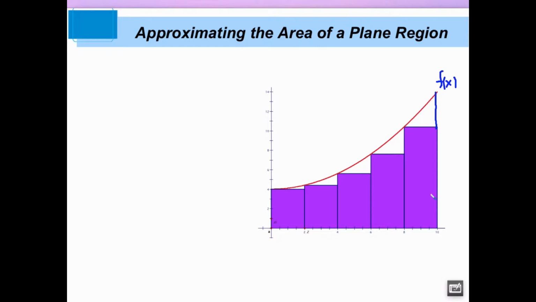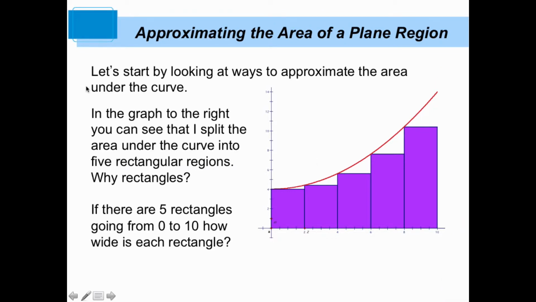B minus A over n. Well done, Peyton. So delta x is the width of the rectangle, and the width of that rectangle is found by doing b minus a divided by n.